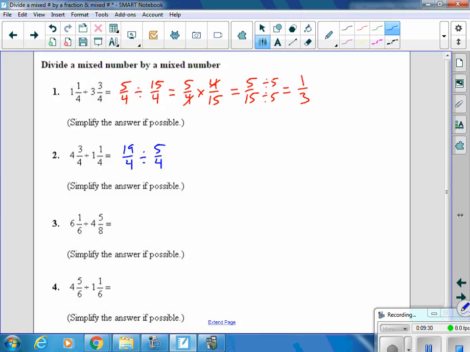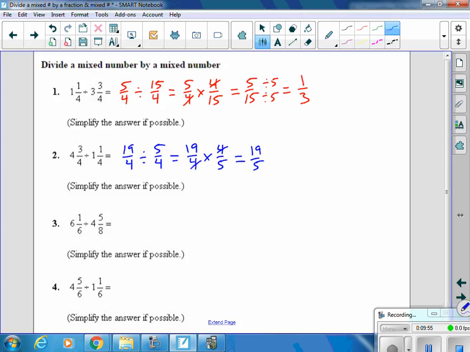Okay? Now we keep the first one the same, we change the division to multiplication, and we flip the second fraction. Now again, what happens here is our 4s cancel each other out, and I'm left with 19 over 5.